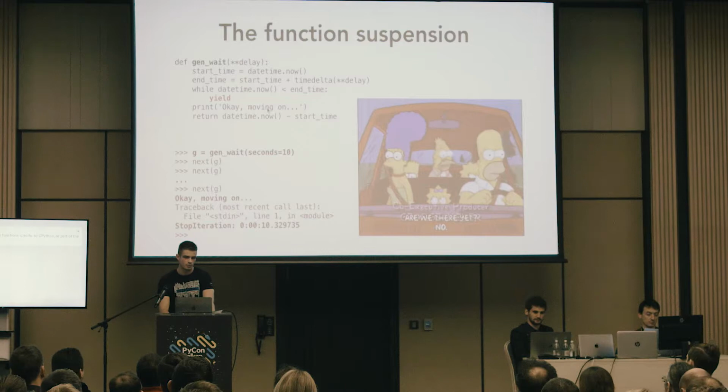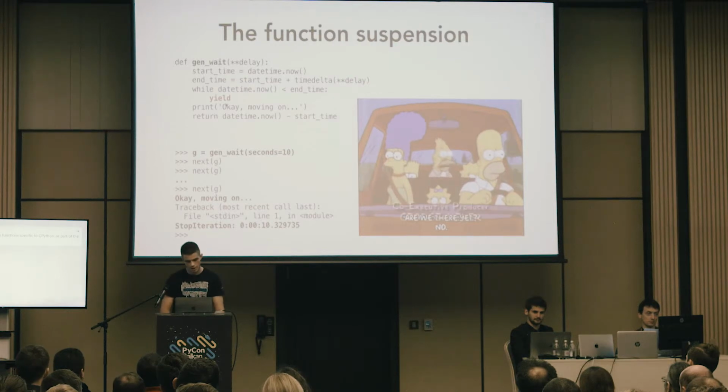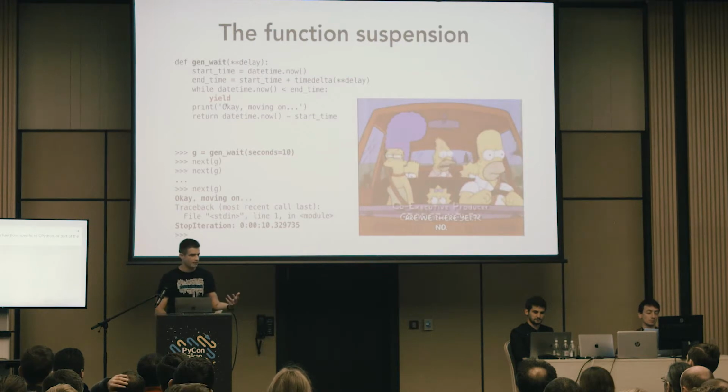But the problem with this, even though I told you before that the generator is a simple version of dealing with iteration, this is not an iteration anymore. Okay, you're not producing values. You're not really doing anything repetitive. You're basically halting the execution until some base condition is satisfied. And this actually sometimes may require some kind of more complex initialization.